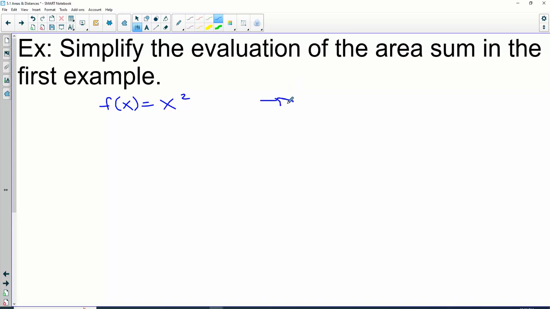So let's go with the 10 rectangles, with our underestimate. That was when we started at which number? 0. Okay, so how many things were we adding up? 10.